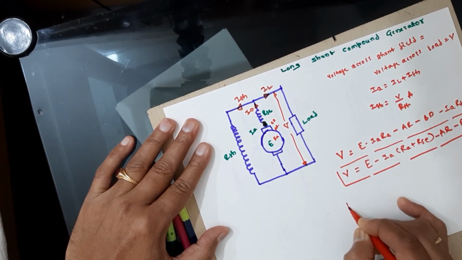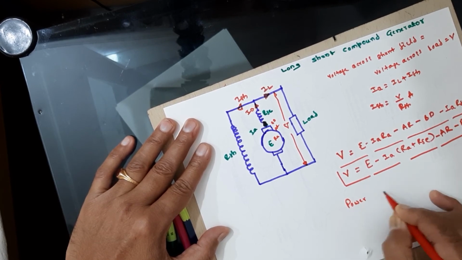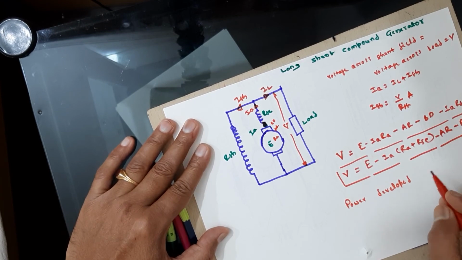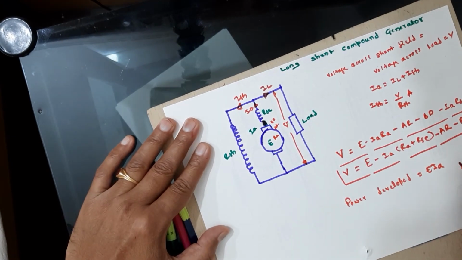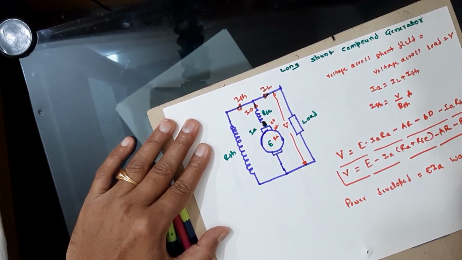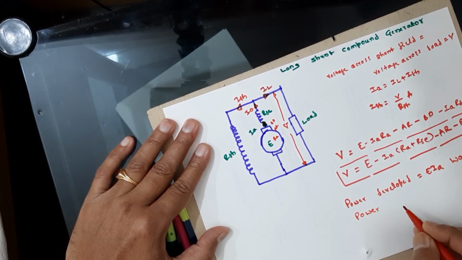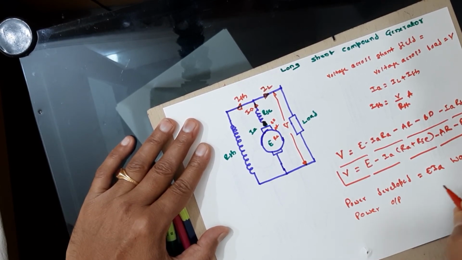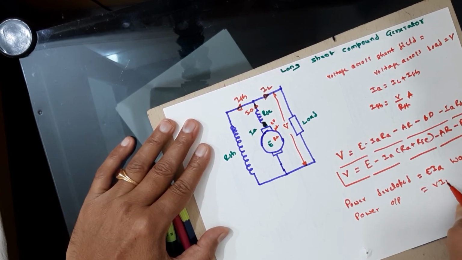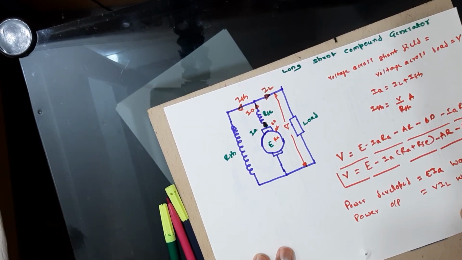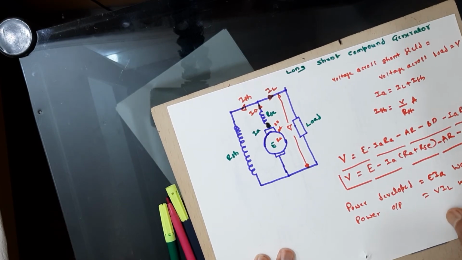Power developed is equal to E into IA, that is voltage into current in the armature, so many watts, and power output, the power delivered to the load, is equal to V into IL, so many watts. This is for the long shunt compound generator.